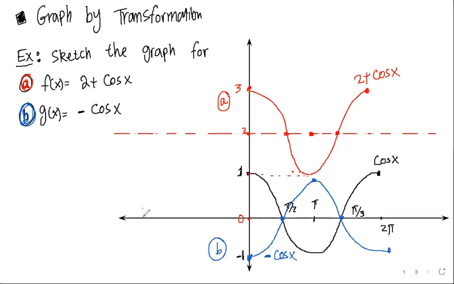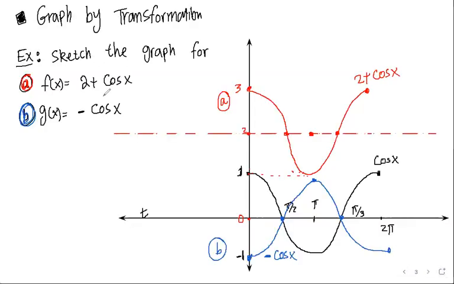This is t. Okay, so this is what you have to know about how to graph by transformation by using the previous section. Now let's go over the shifting. How can we do shift for the sine and the cosine curve?